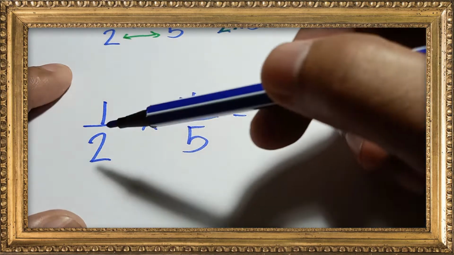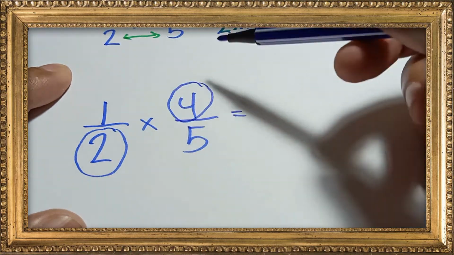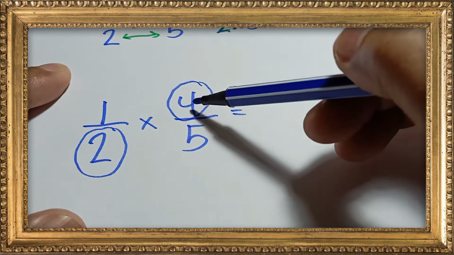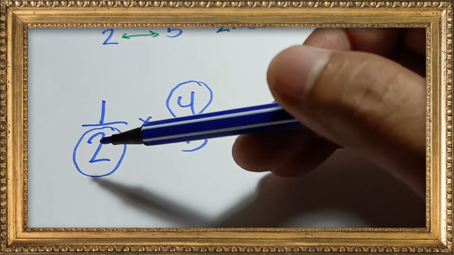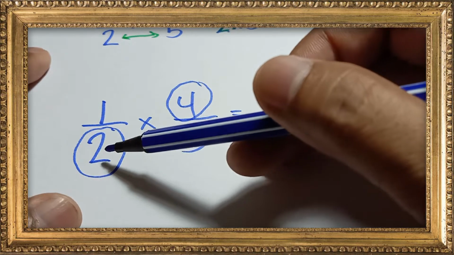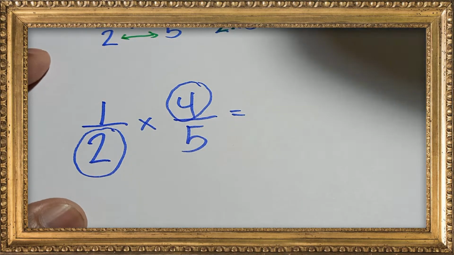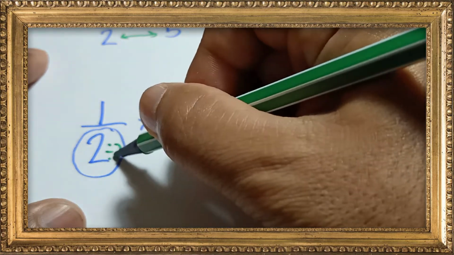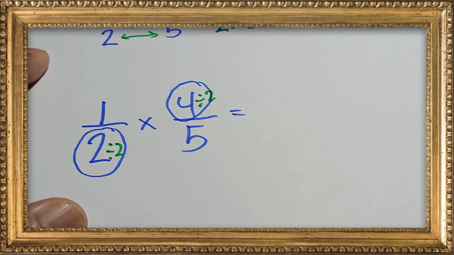As you can see here, 2 and 4, they are crossed. One is in the numerator and the other one is in the denominator. So 2 and 4 are both divisible by 2.